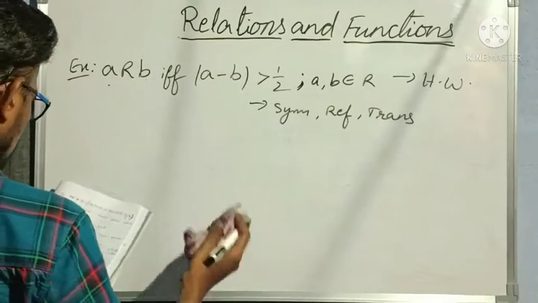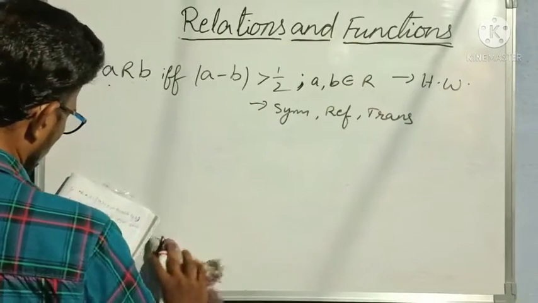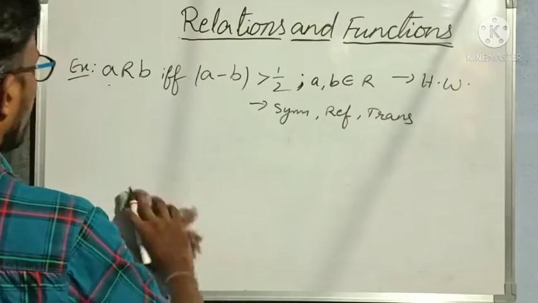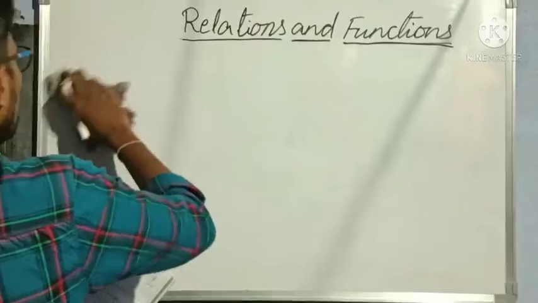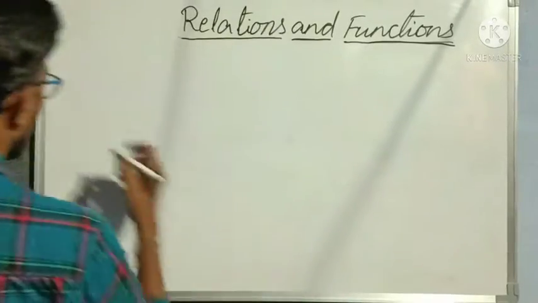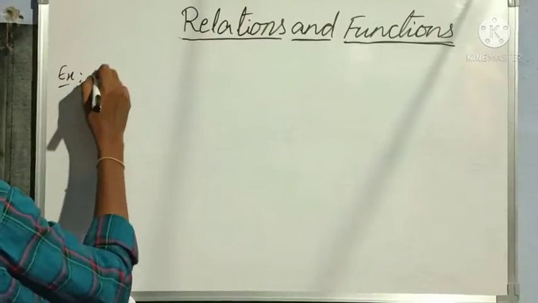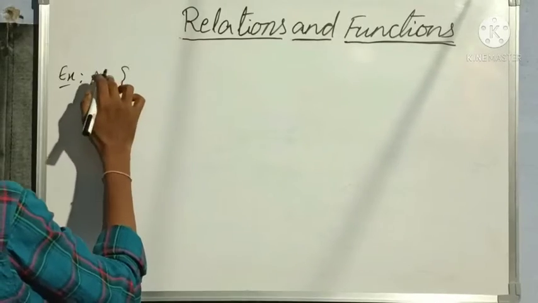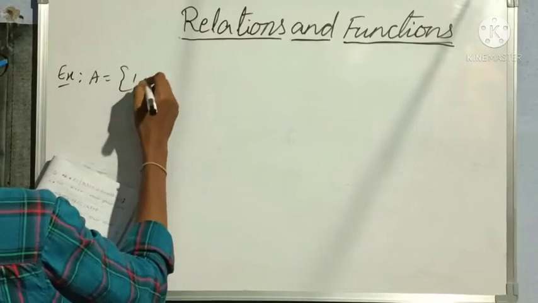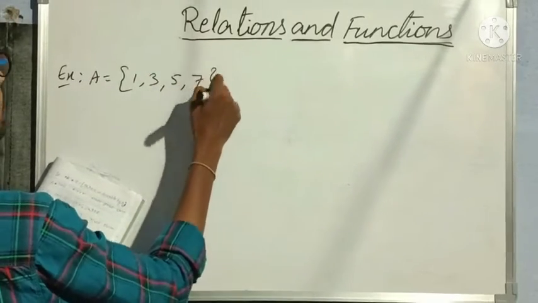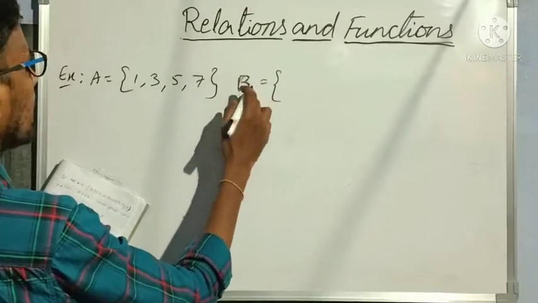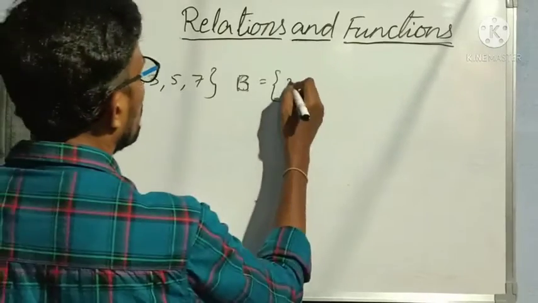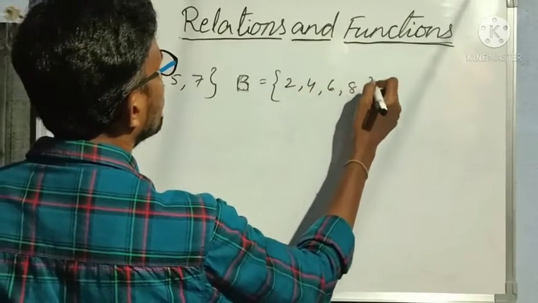Okay, now let us see one more question. One more very interesting example. So example, A is equal to {1, 3, 5, 7}. B is equal to {2, 4, 6, 8}.